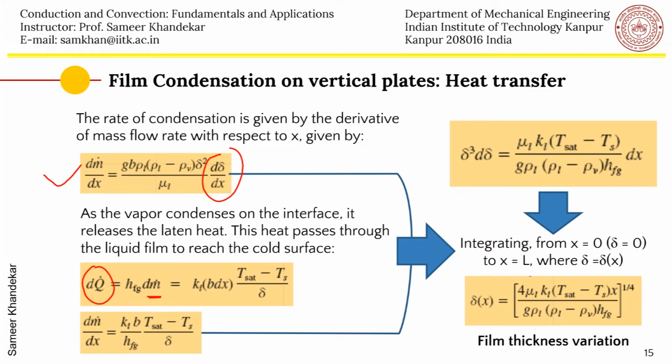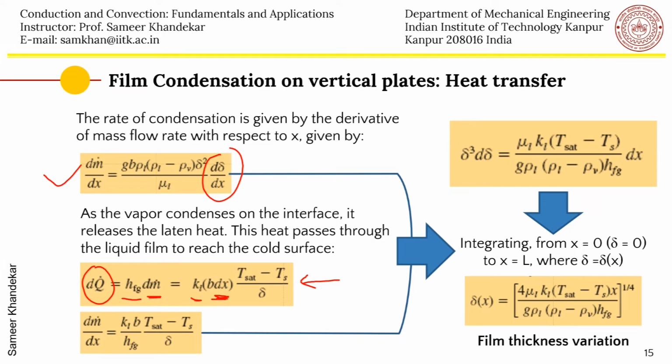So this is the K, this is the area, which is B into dx. B is the dimension in the depth of the plate, and then (T_sat minus T_s) divided by delta. So this is the gradient of the temperature at the interface where we are calculating the dq dot, and from there one can calculate the dm by dx.